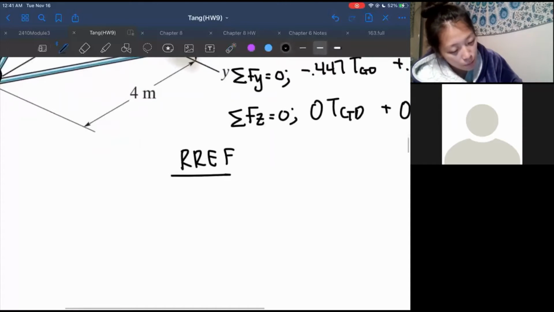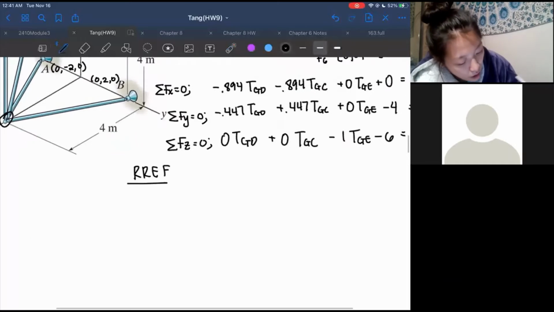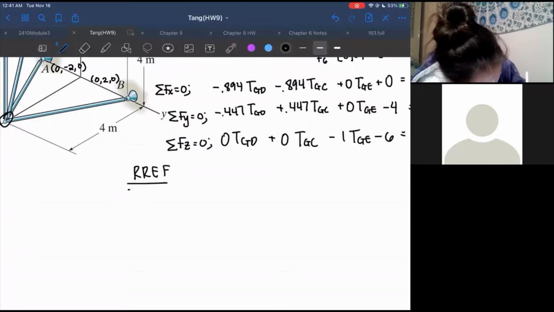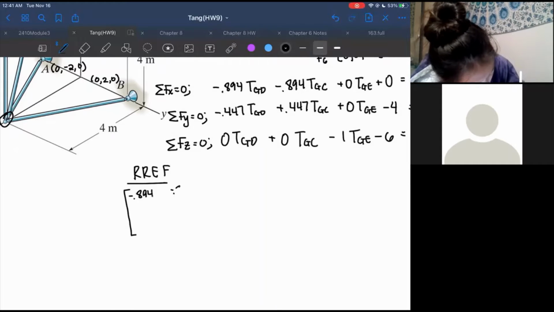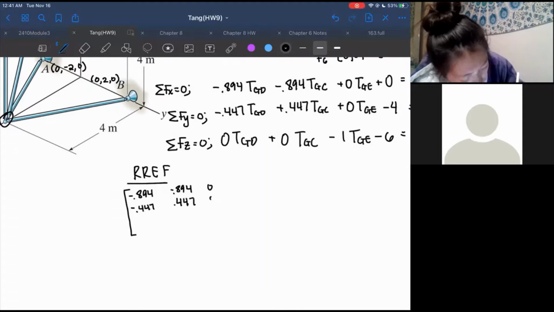So our matrix will have -0.894, -0.894, then 0, and -0.447, 0.447, then 0, then 0, 0, -1.